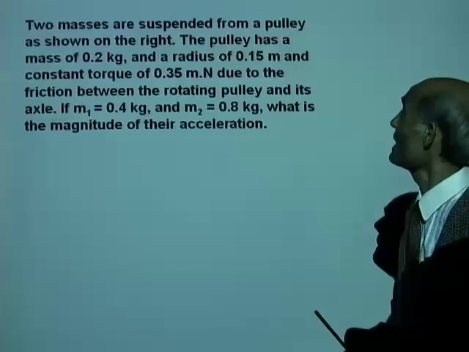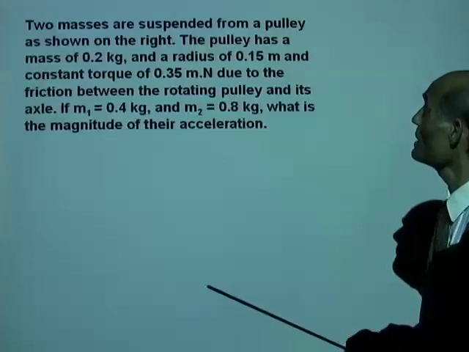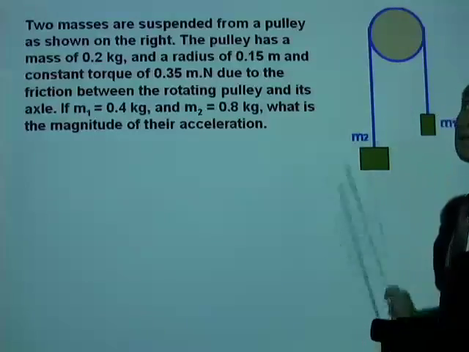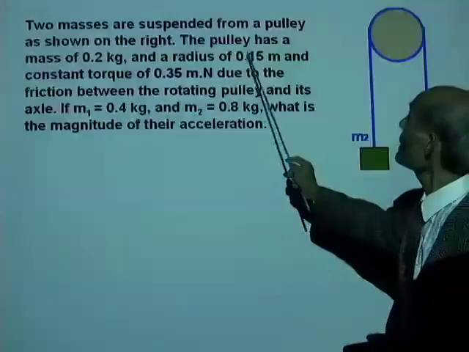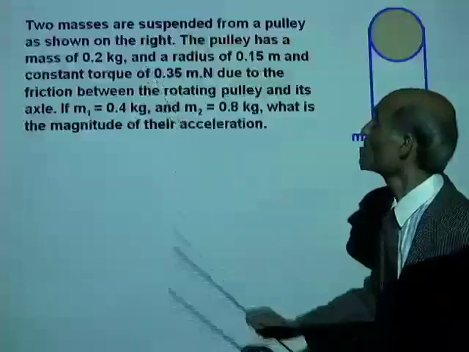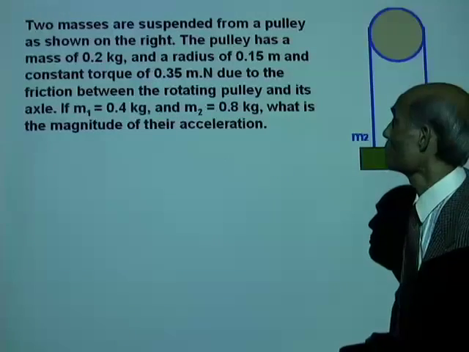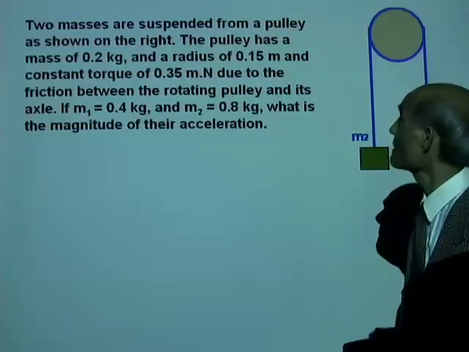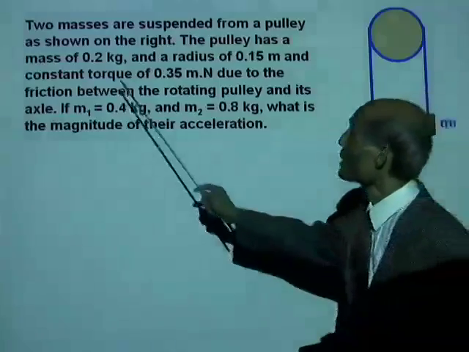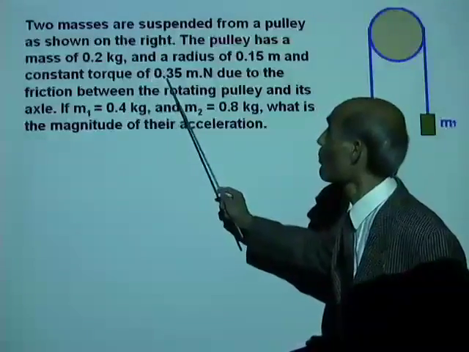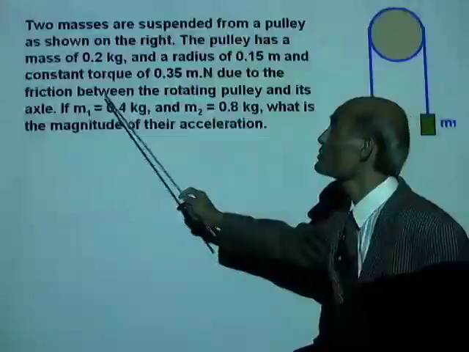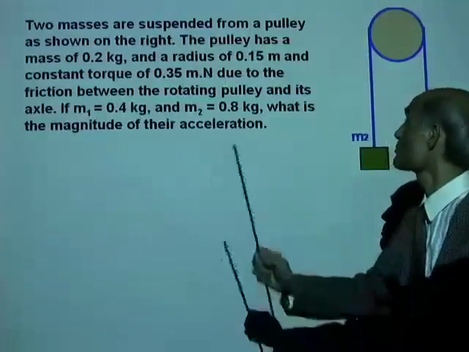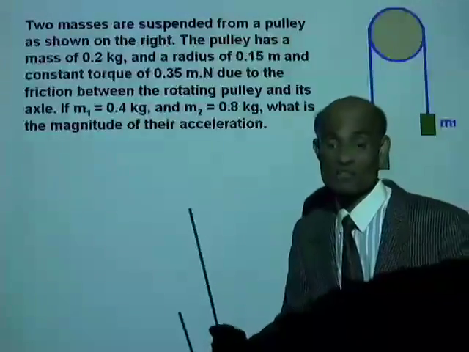Two masses are suspended from a pulley as shown on the right. The pulley has a mass of 0.2 kilogram and a radius of 0.15 meter and a constant torque of 0.35 Newton meter due to friction between the rotating pulley and the axle.